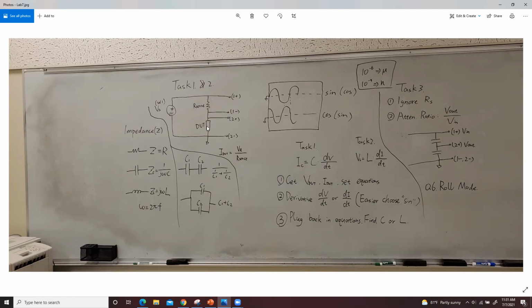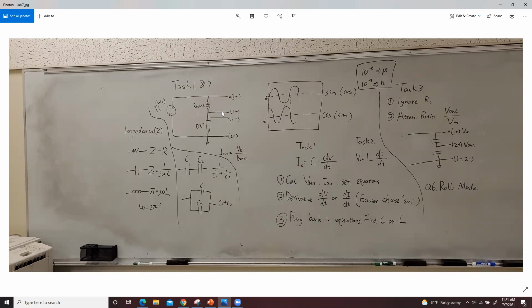For task 2, you're going to use an inductor. And you will use W1 from your AD2 to generate an AC signal and connect it to RSense and the DUT. You are going to use both channels to measure the voltage across the RSense and the capacitor or inductor.